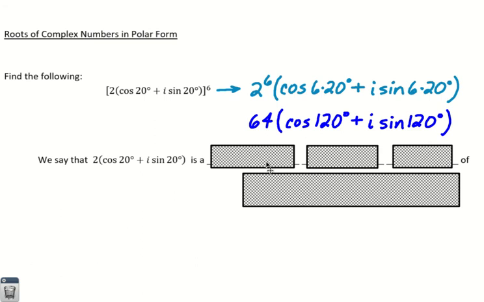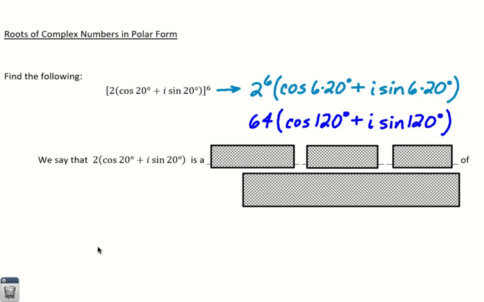Now, before I reveal these boxes, let me kind of relate it back to when you first learned about, say, square roots. So why, really why do you say that 7 is the square root of 49?